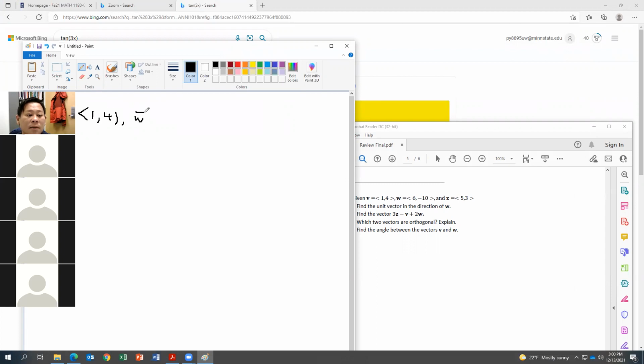Vector W is given in component form as 6, negative 10. And vector Z is given in component form as 5, 3. The first question here is asking us to find the unit vector for W. Does anyone remember how you find a unit vector?